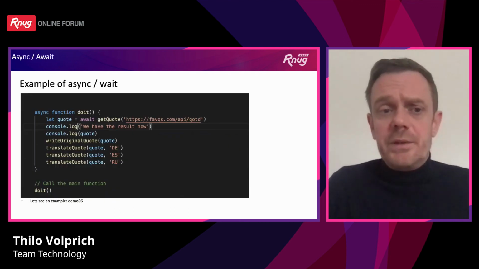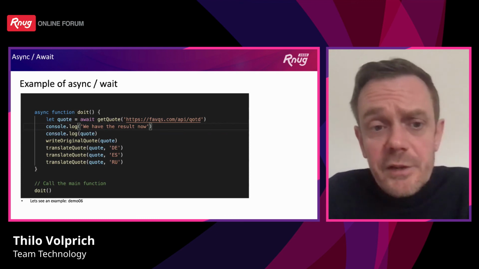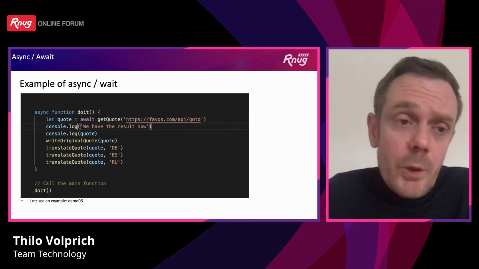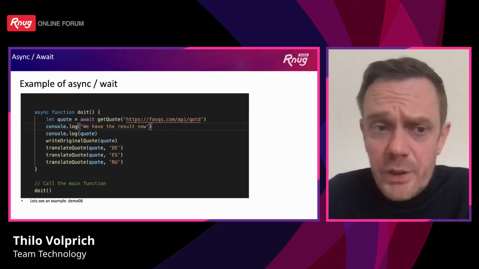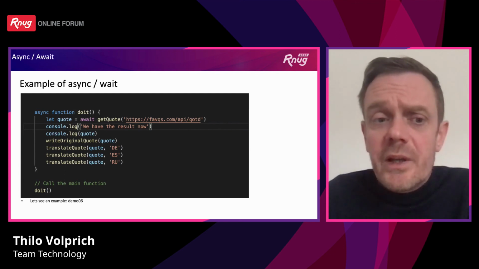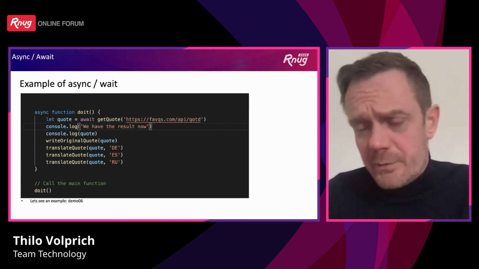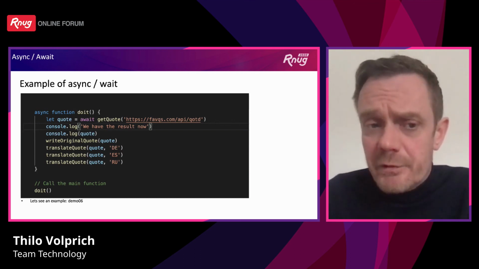So here's an example. I have a function. I call it async function do it. The one thing I changed is before the function declaration, I put in the keyword async. And then I said, let quote is await get quote, the same quote as we had before, but we put in await before.